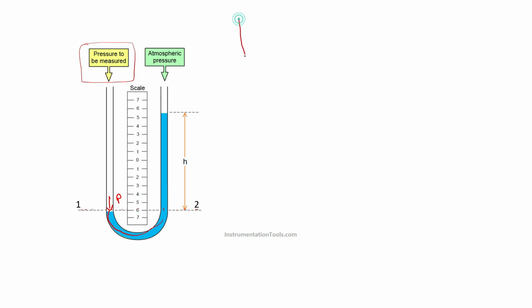We have seen that in hydrostatic pressure: when you draw a horizontal line, the pressure at all the points will be same. It depends only on the height. So we are making use of the principle that in the line 1, 2, the pressure will be same. So what will be the pressure acting at 2, that is P2? And what is the pressure acting at P1? Both will be equal, that is P1 will be equal to P2.